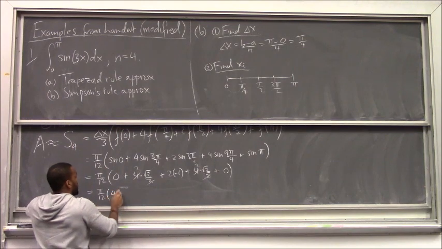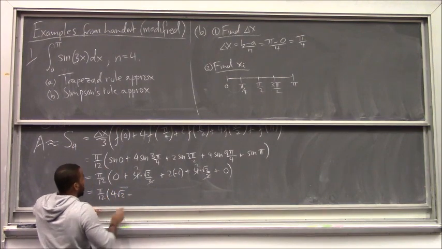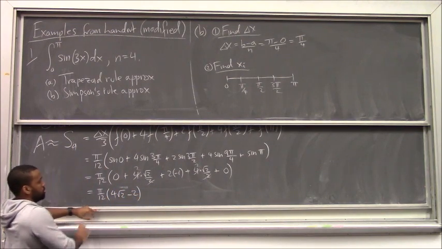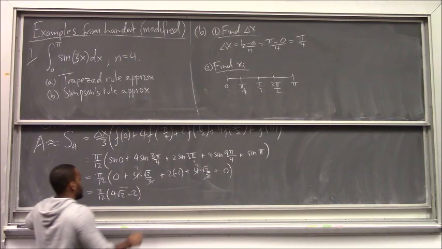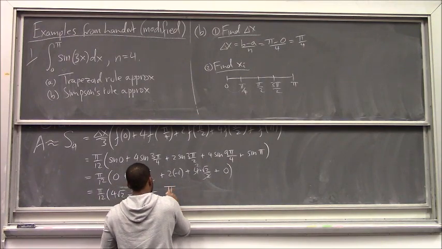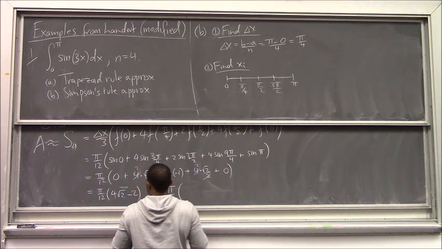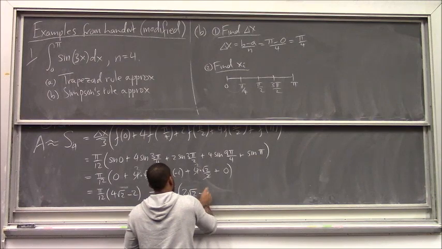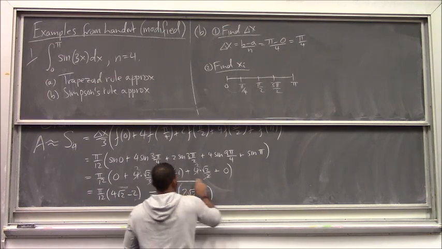So I have 4 radical 2 minus 2. So in other words, the Simpson's approximation is going to be pi over 6 times 2 rad 2 minus 1. That's this approximation.